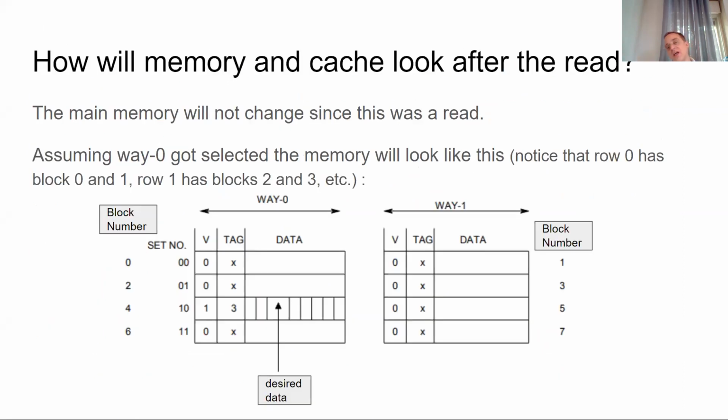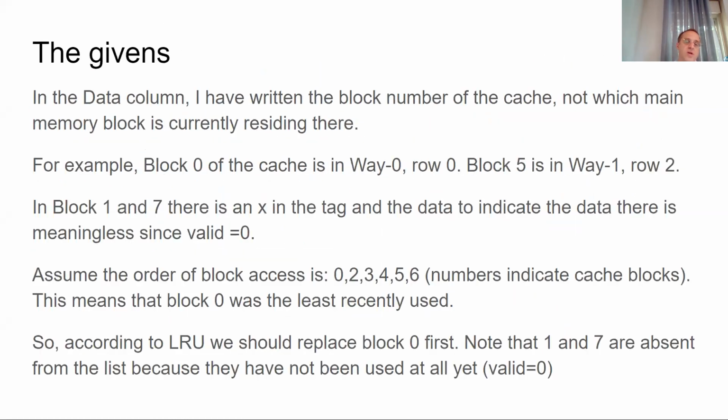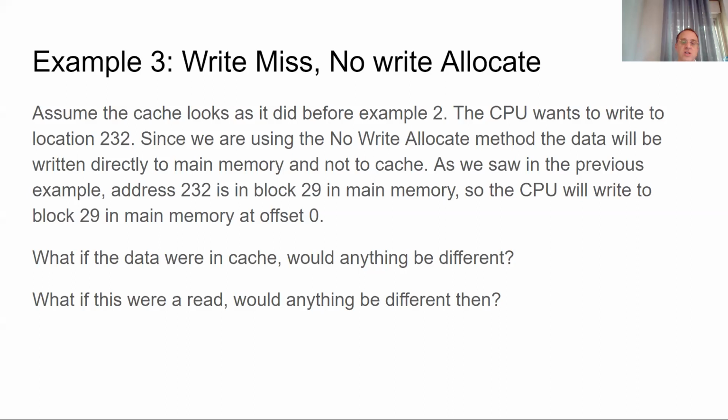But if the picture looks like this, then it's write through for sure, because no dirty bit. So the answer to this question, would anything be different? For sure, yes, we would write to the cache. And if it's write through, we would also write to main memory.